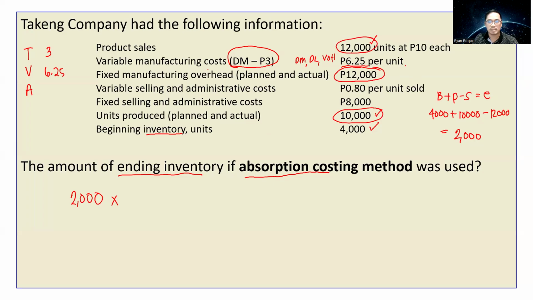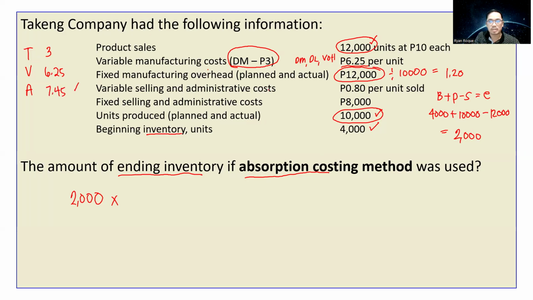Remember, the overhead is originally based on the production. So therefore, we divide 12,000 by 10,000 units produced. So the FOH per unit or the fixed overhead per unit would be 1.20. So if we are asked for the unit cost under absorption costing method, the answer would be 6.25 plus 1.2.